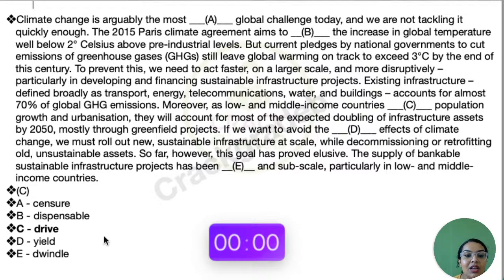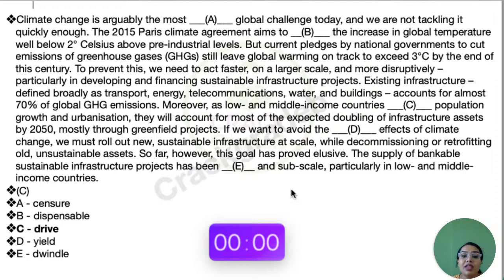Censure is to criticize someone. When someone is condemned by scolding, reprimanding, that is censure. So countries are not doing that to population. Dispensable and words ending in able are adjectives. I need a verb here. I cannot use it. Dispensable is anything which I can easily skip. It is not essential.